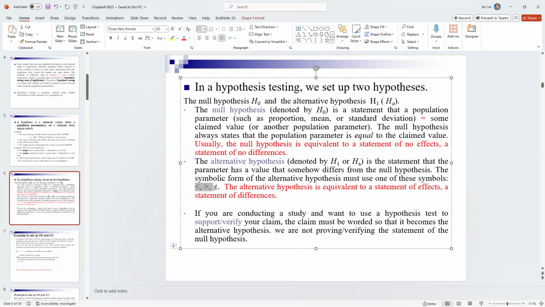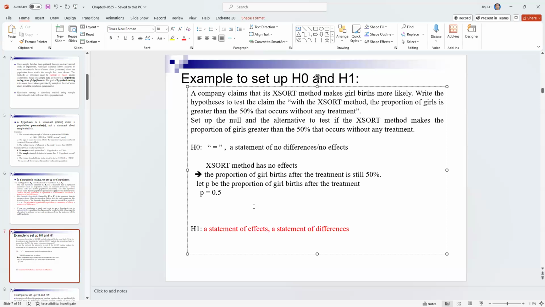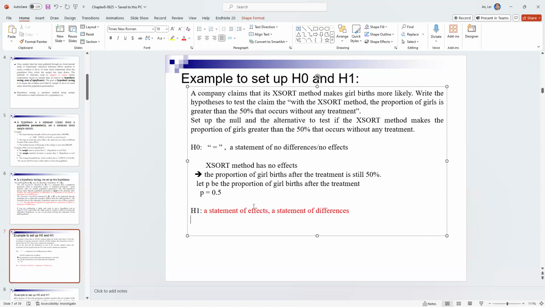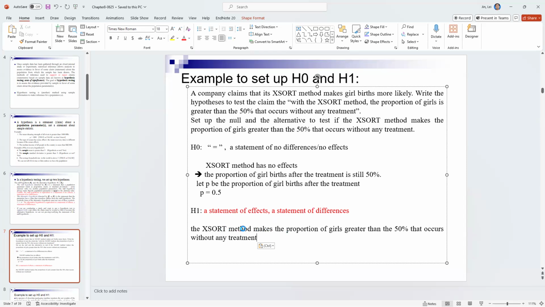It can be one of those three signs, one of those three, not all three. Let's see, for this problem, what is the alternative? We would like to have this: the XOR method makes the proportion of girl births greater than the 50% that occurs without any treatment.